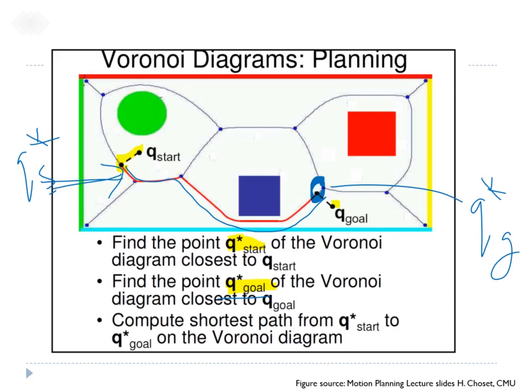One curve is the straight line from Q start to Q star start. Another is the straight line from Q star goal to Q goal. And then this red curve which is shown here. That is the shortest path from Q start to Q goal.